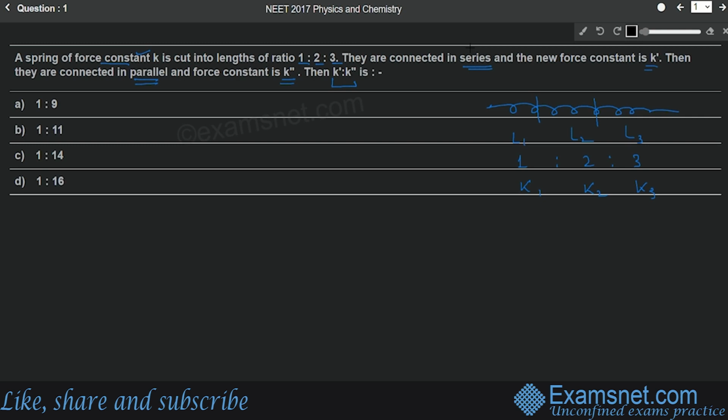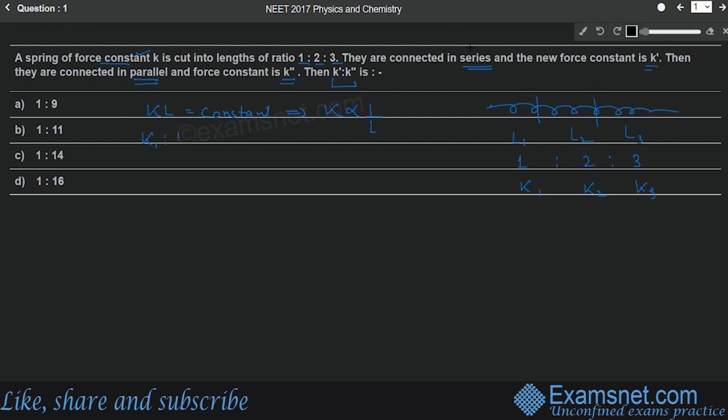So we know that the product of spring constant and length remains constant. That means the spring constant is inversely proportional to the length. Now we don't know the ratio of spring constants, but we know the ratio of lengths, so we can find the ratio of spring constants as well, right?